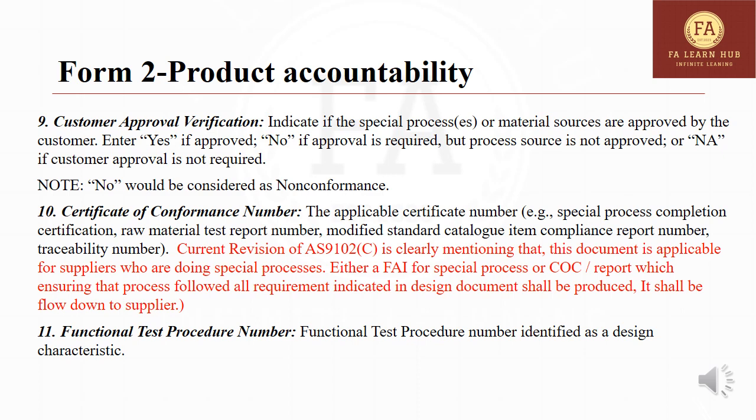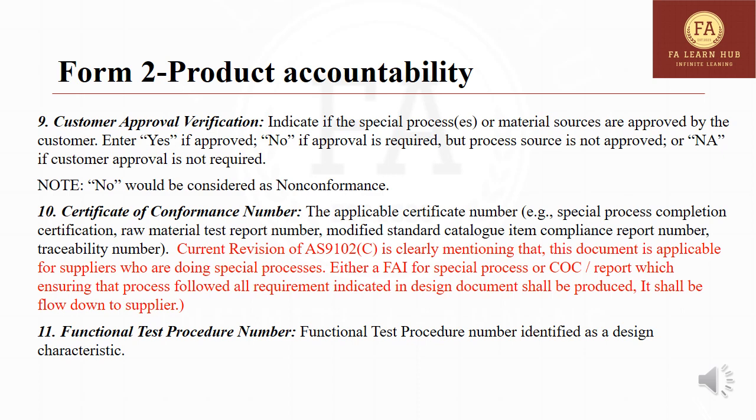For example, the customer is telling along with the PO or the design document that the painting shall be done by a particular source of paint and it shall go through some qualification test which is indicated in the drawing. After the qualification test, the qualification report shall be submitted to the customer. Based on the qualification report, the customer will provide the approval. So this is an approval requirement.